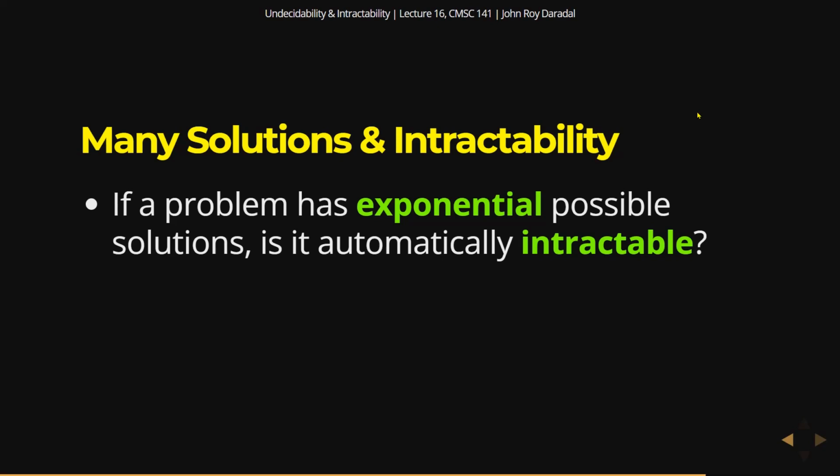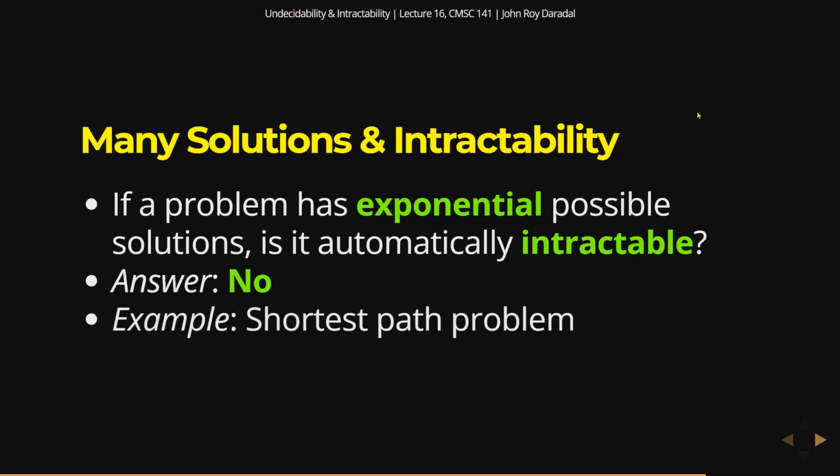So they had, if you brute forced it, 2 raised to n possible solutions, right? So if a problem has exponential possible solutions, is it automatically intractable? Okay, the answer is no, because there are problems with an exponential number of solutions but has a polynomial time algorithm. So an example of this is the shortest path problem.